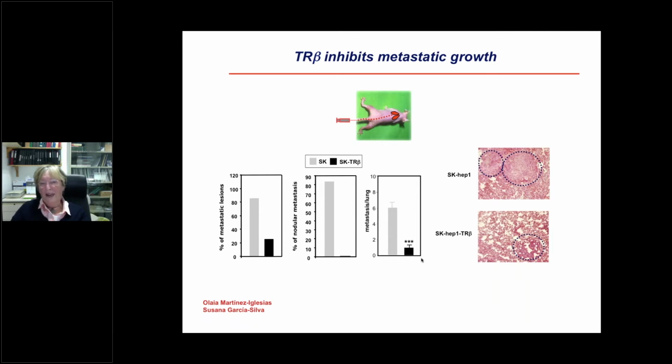We have been analyzing which are the genes and mechanisms that could be involved both in the inhibition of tumor cell proliferation and the inhibition of formation of metastases.